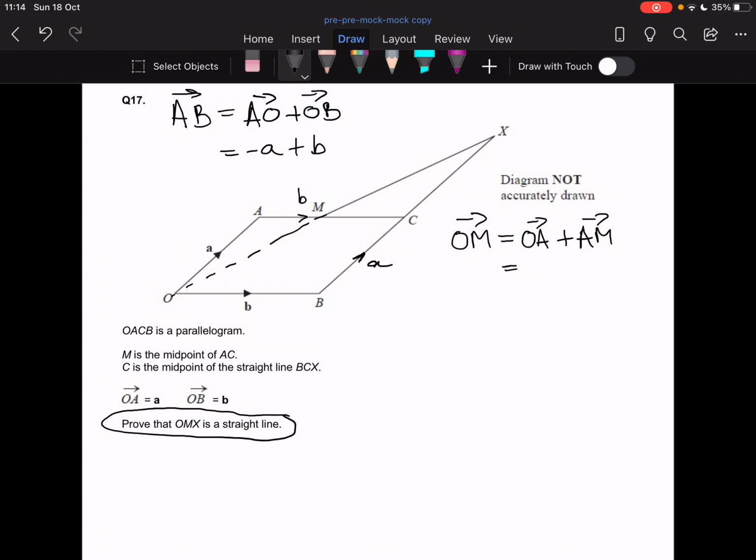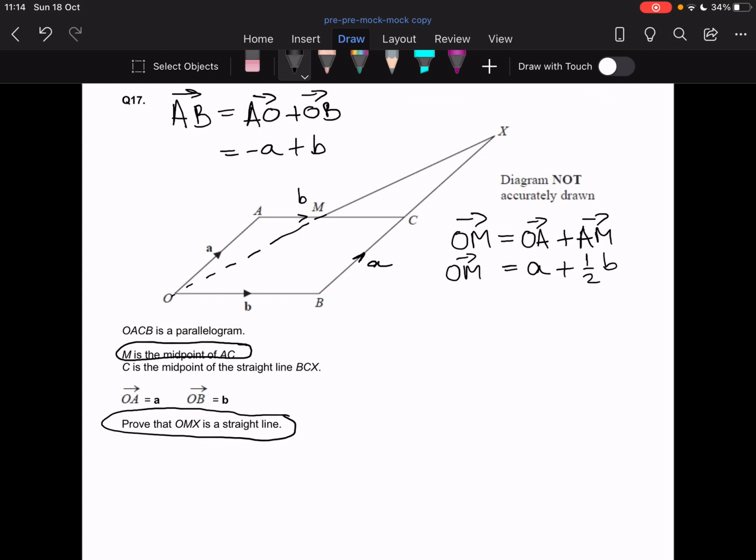To get from O to A, I'm going with the arrow, so A units. Now to get from A to M, remember M is the midpoint of AC, and I know AC is actually B units, but I don't want to go all the way, I just want to go halfway, so half of B. And this is OM in terms of A and B.